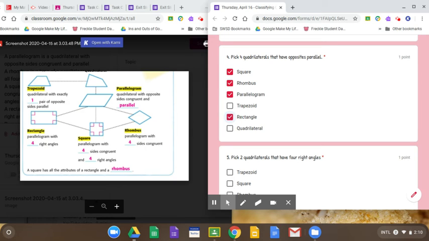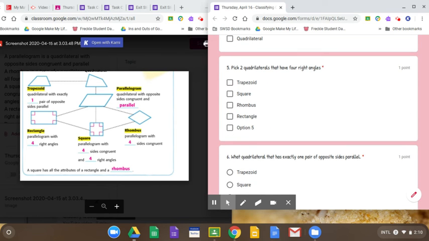So it would not be a trapezoid, because a trapezoid doesn't have both opposite sides parallel. This side here is not parallel to that side here. So that's why a trapezoid wouldn't work for that, because it says opposites with an S. That means more than one pair of opposite sides are parallel.